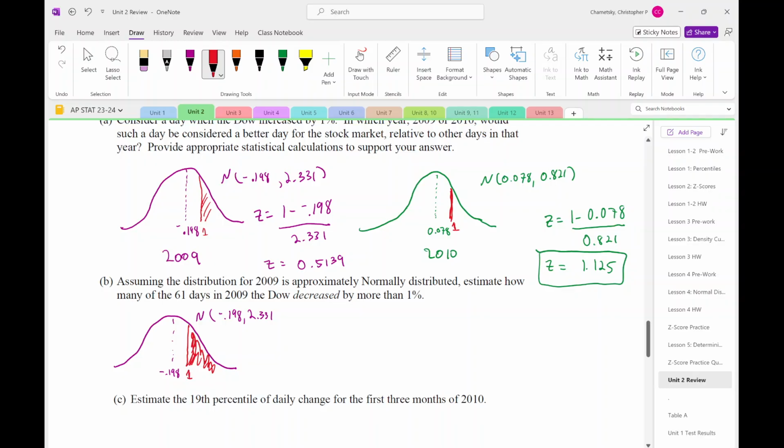Nice thing is we already have our, oh, I did that backwards. Nope. I'm not looking for more, we're looking for decrease. Sorry. Read that wrong. So that would be -1 actually over here, and we're looking for this shading.